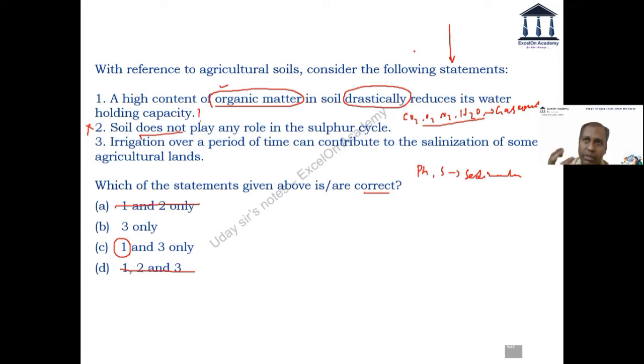And think about organic content: plant and animal waste, when that gets mixed with water, what does it do? It improves the water holding capacity. So in all probability, statement 1 is incorrect and 3 is correct. So the answer is indeed B.